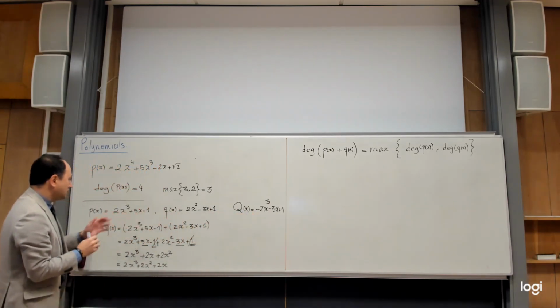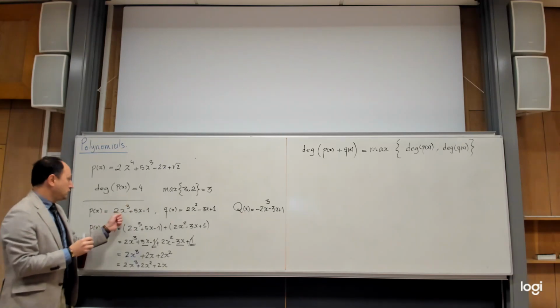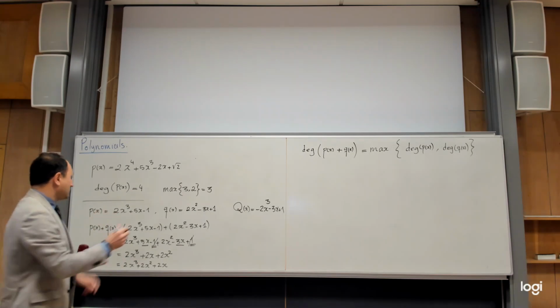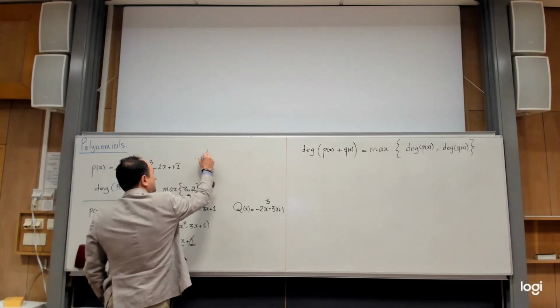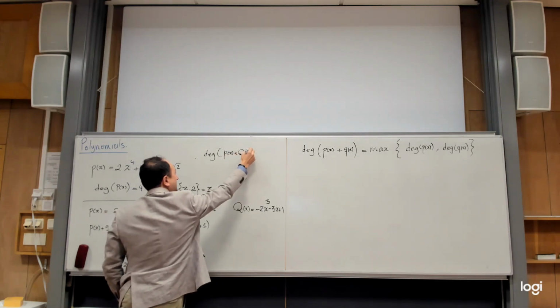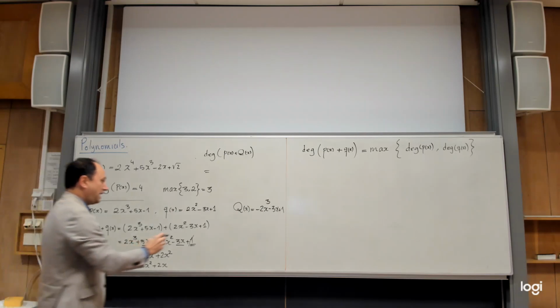And now I am asking the same question. You agree that if I add them, this 2x cubed and that minus 2x cubed are cancelled. So if I ask you what is the degree of p(x) plus this Q(x), you can imagine it in your head. If you want, I can add them here.